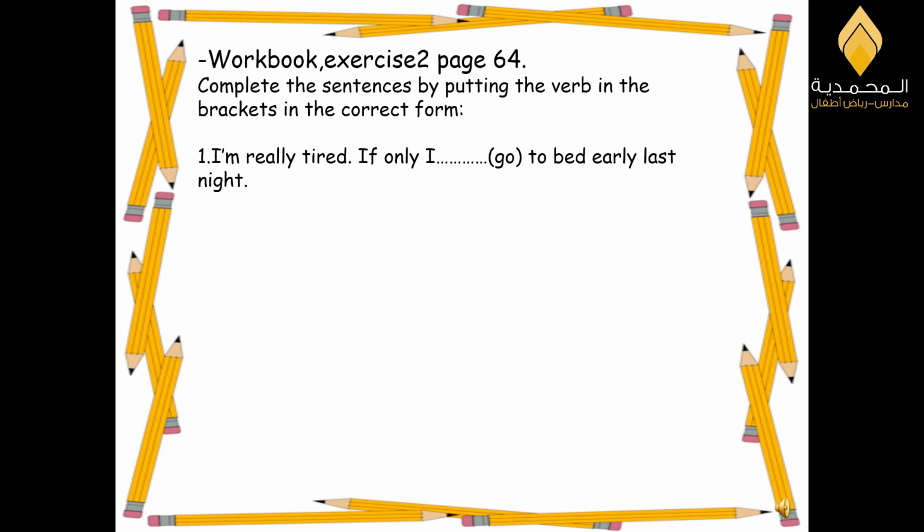Look at this sentence. Am I talking about something that happened in the past or in the present? Going to bed early. Okay. Now I'm tired. So I'm talking about a past situation. So I have to put past perfect. If only I had gone.